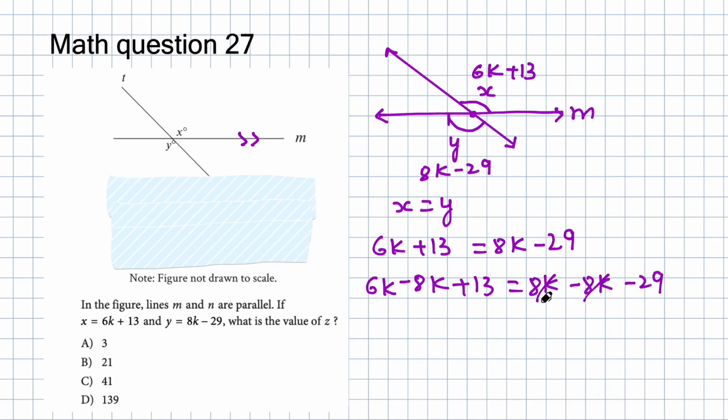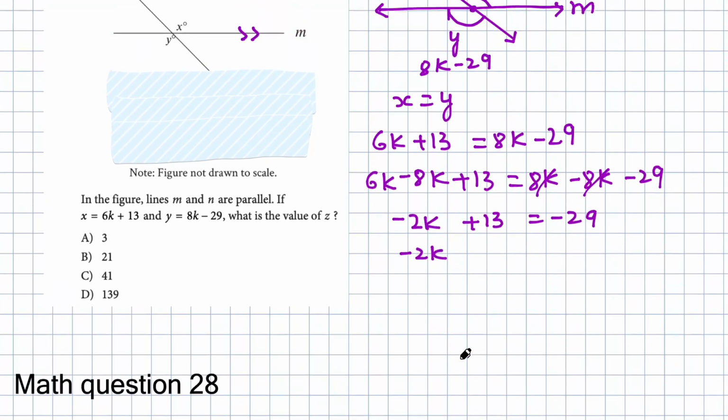This is cancelled. Now let's solve the like terms. 6k minus 8k is minus 2k, plus 13 is equal to minus 29. Now we need to isolate k because we have to find the value of k first to find the angles. So subtract 13 on both sides.